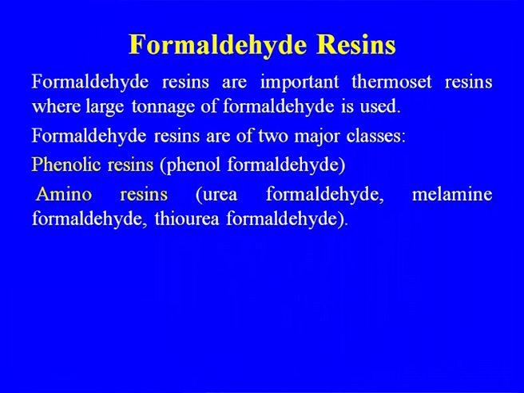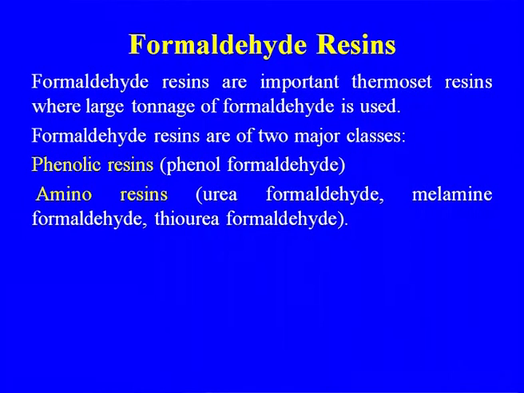Formaldehyde resins, the three important resins being phenol formaldehyde, urea formaldehyde and melamine formaldehyde, are important thermoset resins. A large tonnage of formaldehyde is used. This is the reason for the importance of methanol from the petrochemical point of view as an intermediate, apart from fuel, fuel cells and methanol to olefin technology.